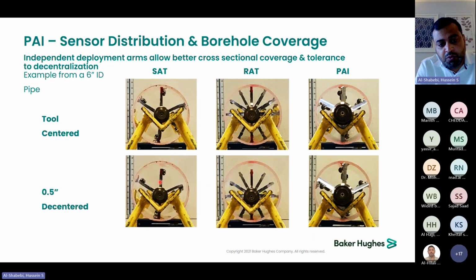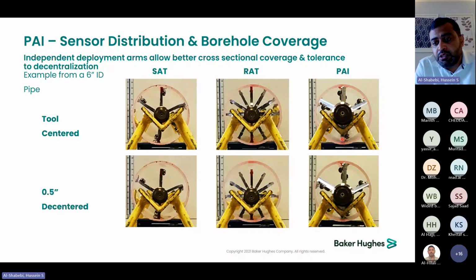You can see now it is not touching the wellbore at the top side. Similar thing for RAT: when the tool is very well centered, both sides are contacting the wellbore or the inside wall of the pipe. But when the tool is decentered, the opposite arm is collapsed as well, and we are losing the sensitivity of the measurements at this area.